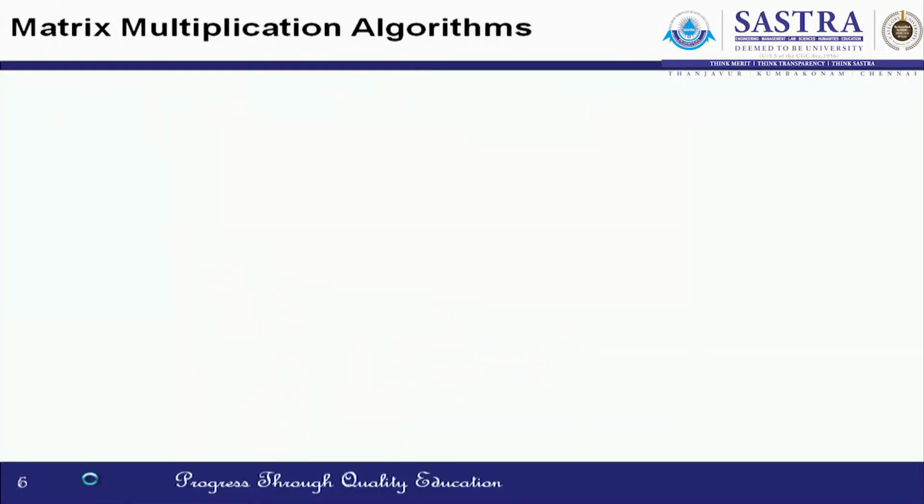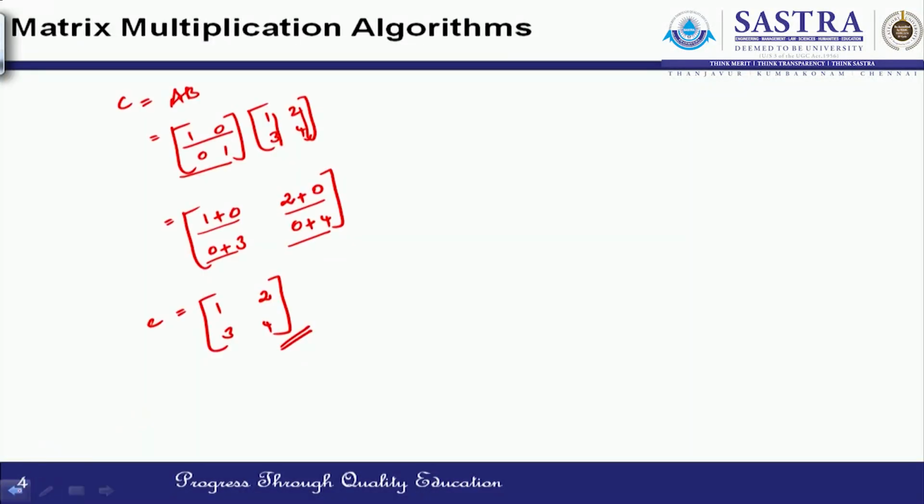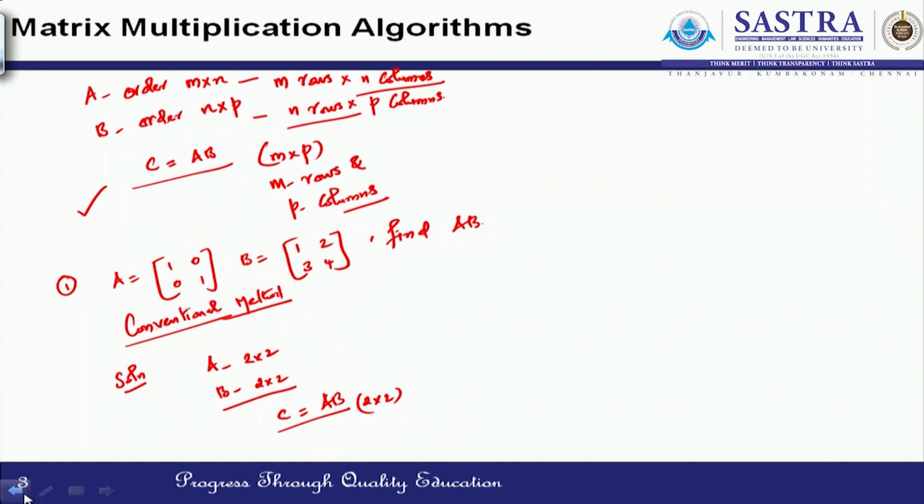So now we are going to see how to find the product of two matrices by applying the divide and conquer logic. Second method. Method 1, that is the conventional matrix multiplication that we have seen here.